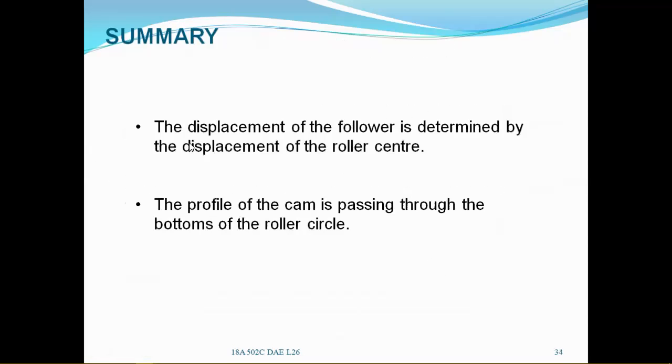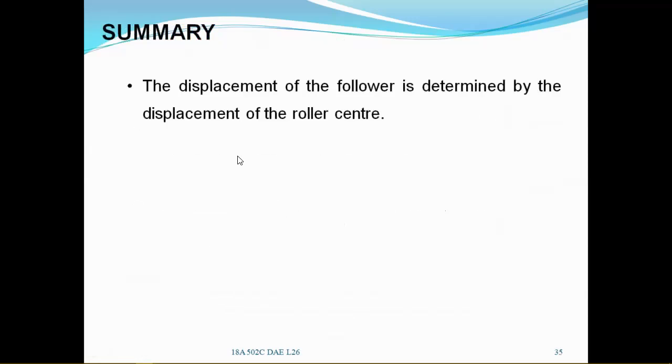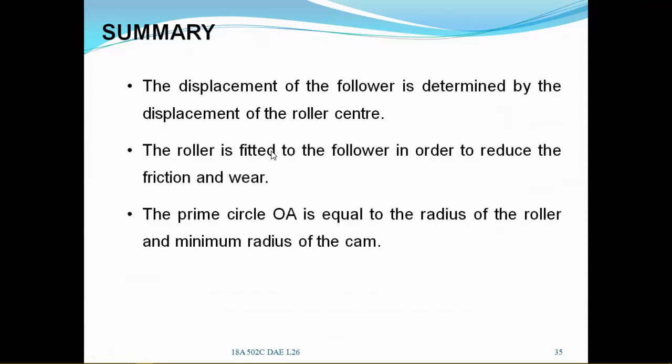The summary of this lesson is that the displacement of the follower is determined by the displacement of the roller center, and the profile of the cam passes through the bottoms of the roller circle. The roller is fitted to the follower in order to reduce friction and wear. The prime circle radius OA is equal to the radius of the follower plus the minimum radius of the cam.